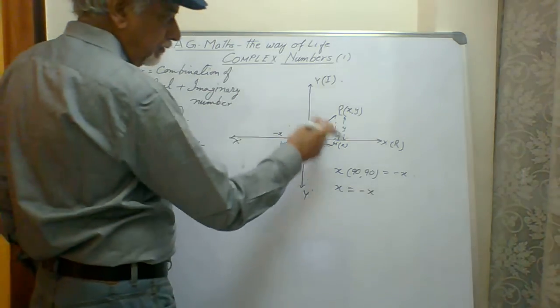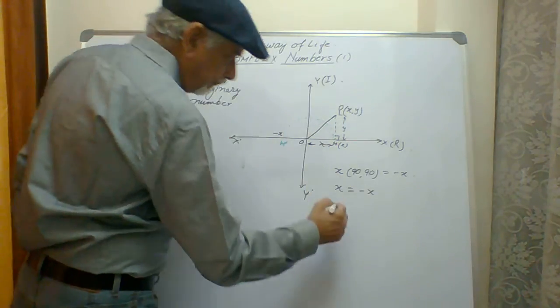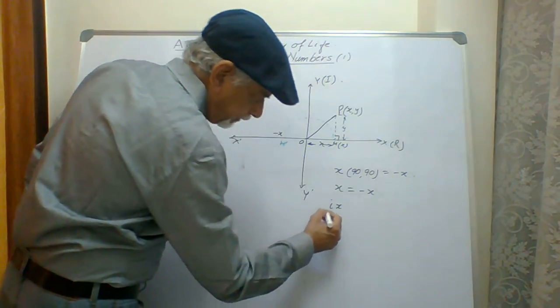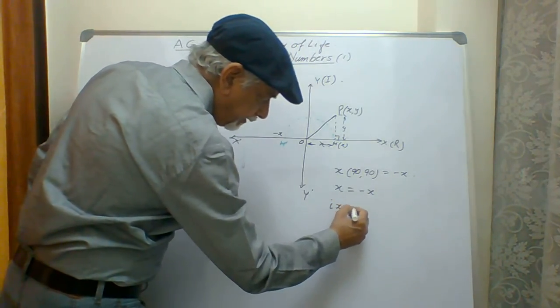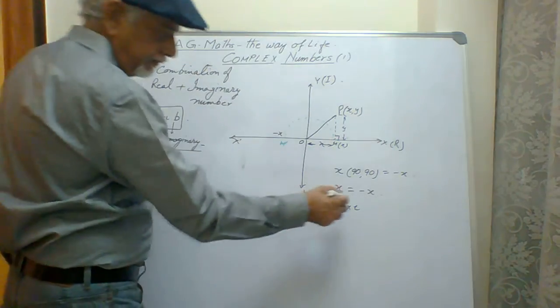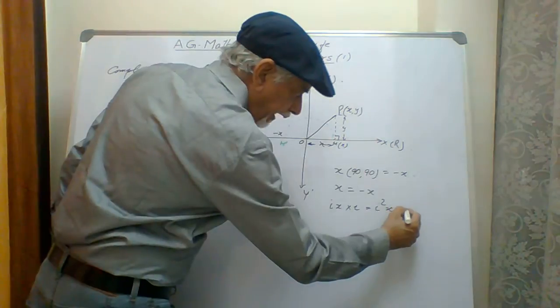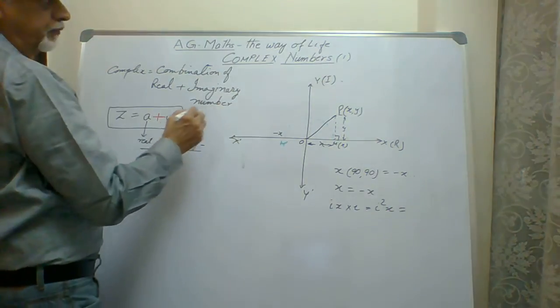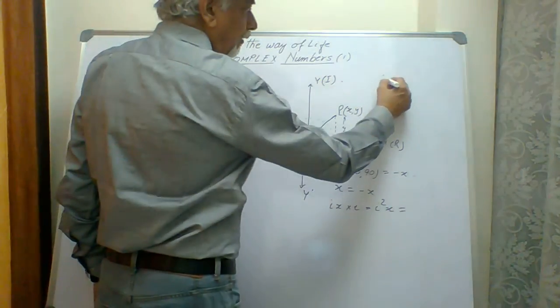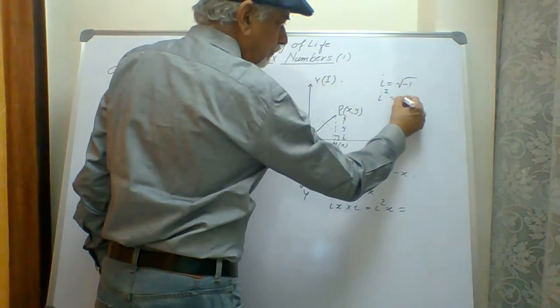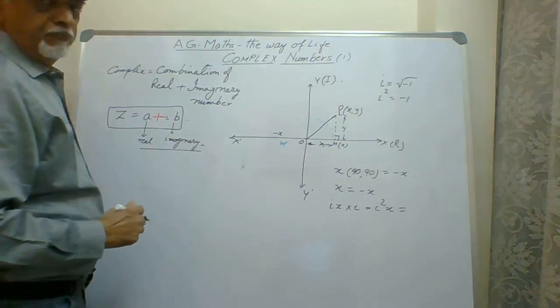So if it is multiplied one time, I write it as Ix for the 90 degree turn, and further another 90 degrees another I. So it becomes I square x, and I square will be what? Because if I is already denoted as root of minus 1, then I square is minus 1 without the root.